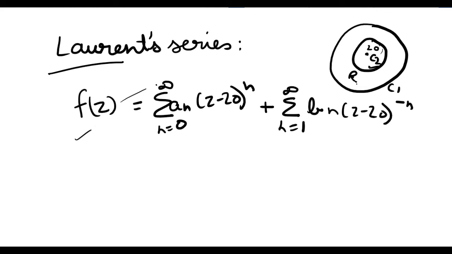So we have expressed f(z) in terms of both positive and negative powers of z minus z naught.